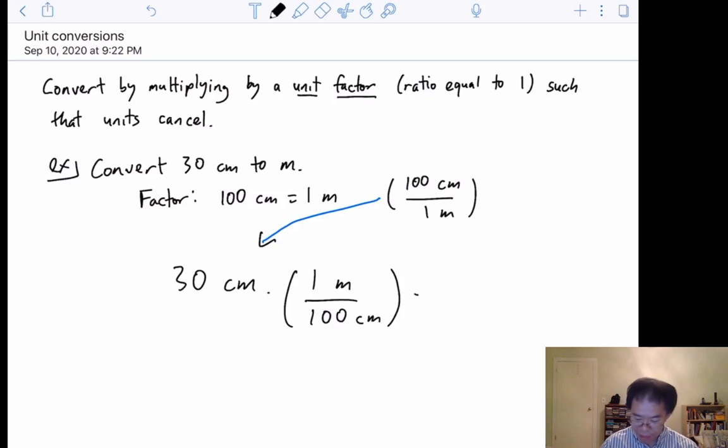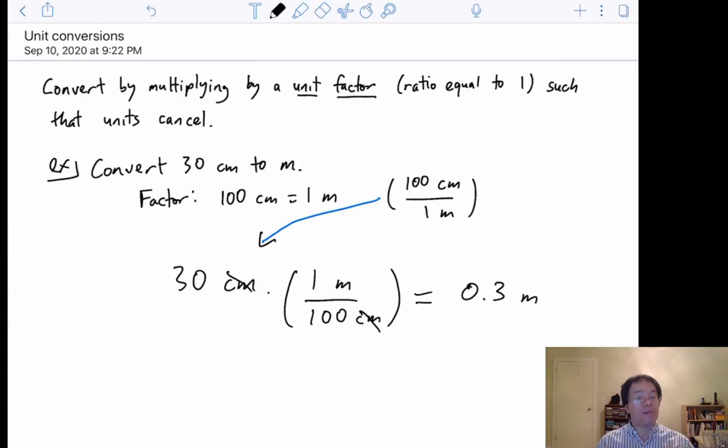And what you can now see is that my units of centimeters here and centimeters down here cancel. And so that leaves me with 30 divided by 100, or 0.3 meters. You can deal with any kind of conversion this way, so it doesn't have to be between different metric or SI units, as we'll see in the next example, but this is the general pattern of how it goes.